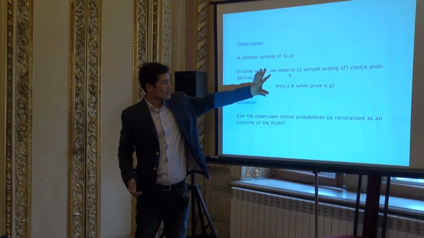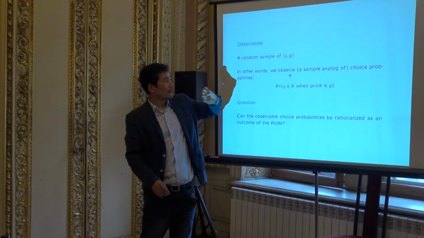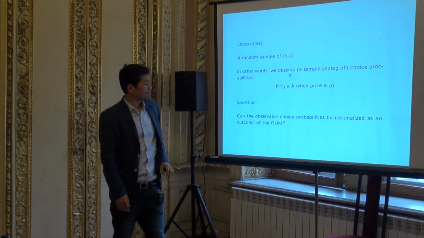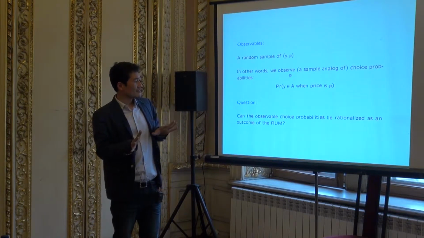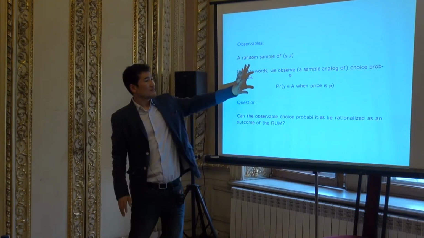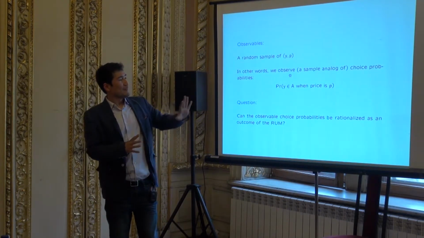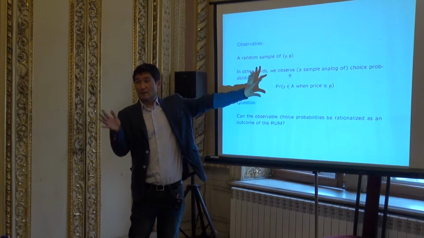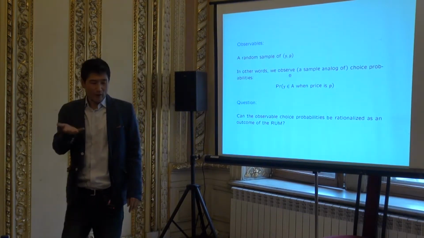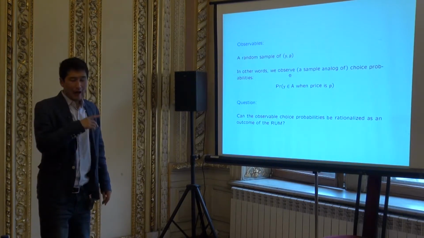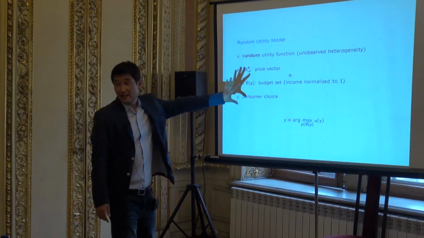So this part is very easy. Let's assume that for the time being, we know exactly what this is. And then what McFadden and Richter asked is, suppose this is given, can the observed choice probability pattern be rationalized, justified as an outcome of a setup like this?